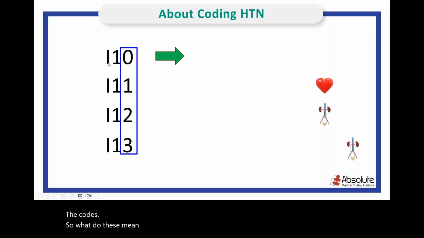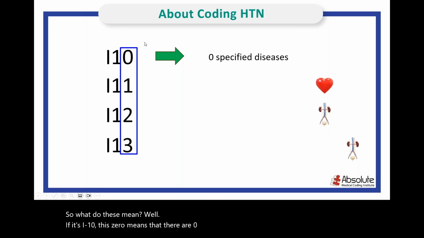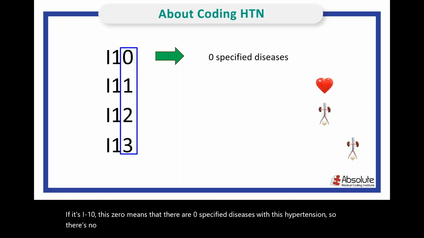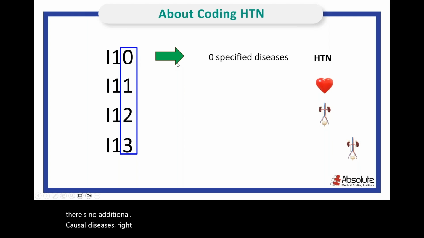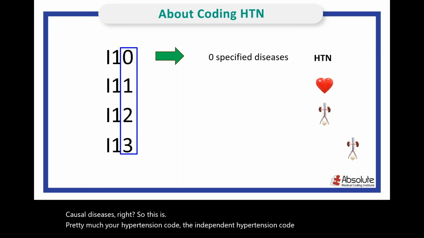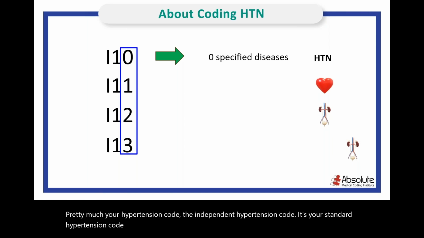Well, if it's I10, this 0 means that there are 0 specified diseases with this hypertension. So there are no additional causal diseases, right? This is your independent hypertension code. It's your standard hypertension code. There are no specified diseases.